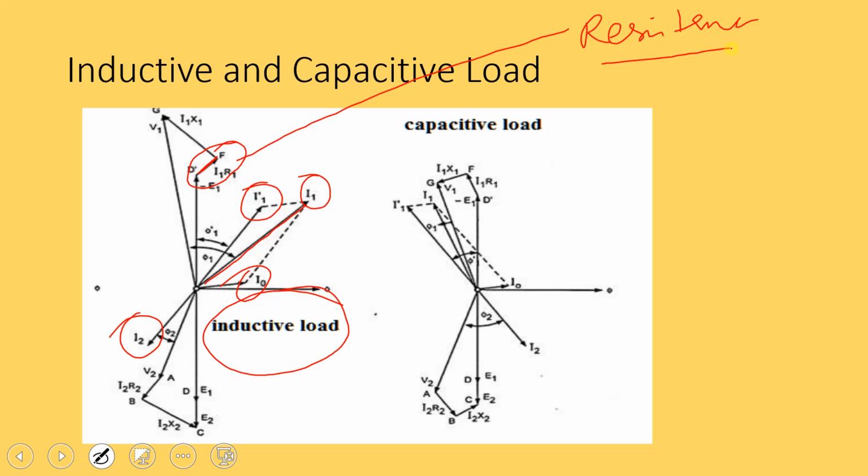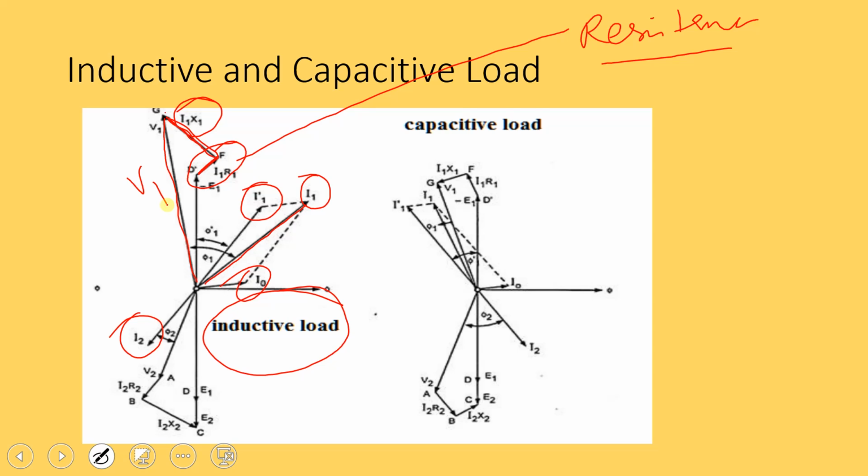And the drop across the reactance is at 90 degrees. So at 90 degrees we draw I1X1 and join this line. From 0 to G we join this line, and this is our V1. So this circuit is complete.